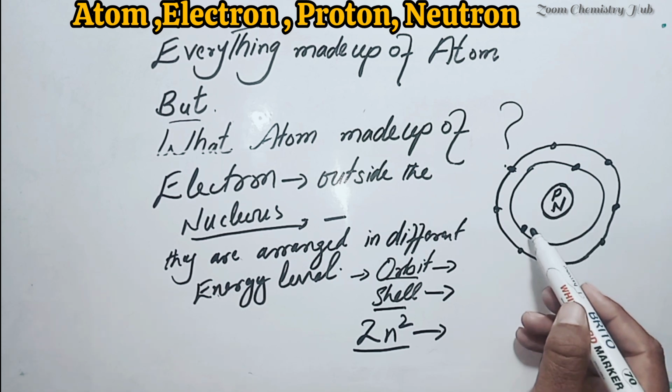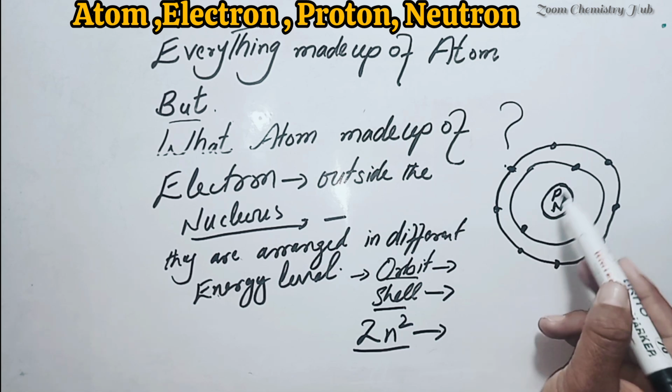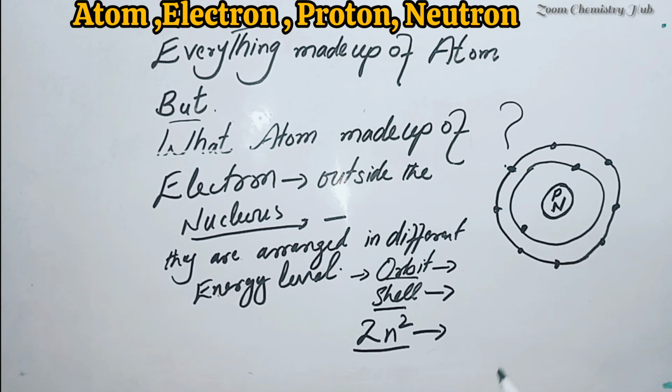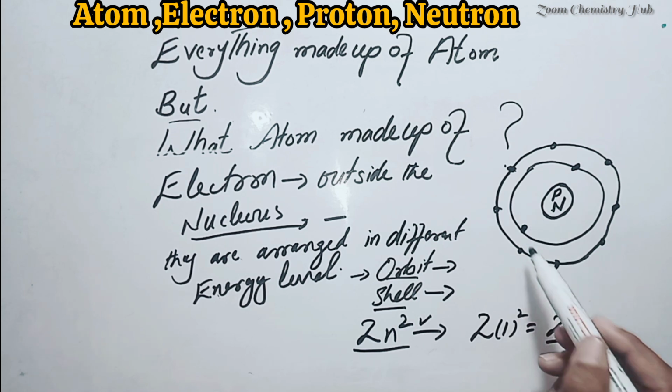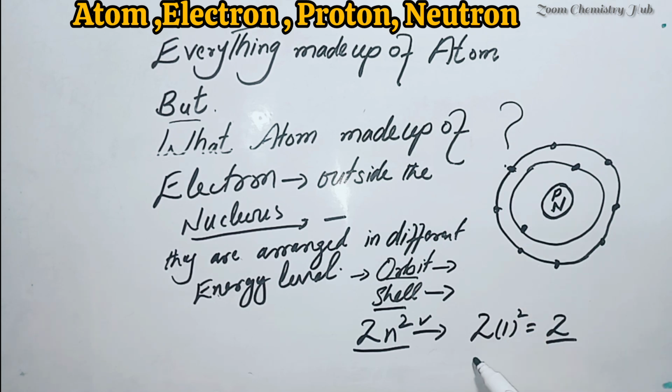That is, the first shell contains a maximum of 2 electrons, where n is the number of the shell. Similarly, for the second shell, n is 2, so the second shell contains 8 electrons.